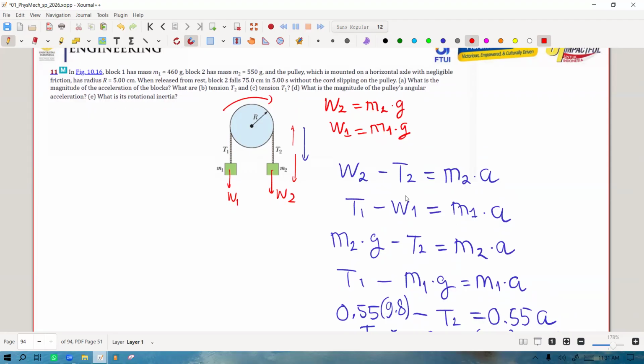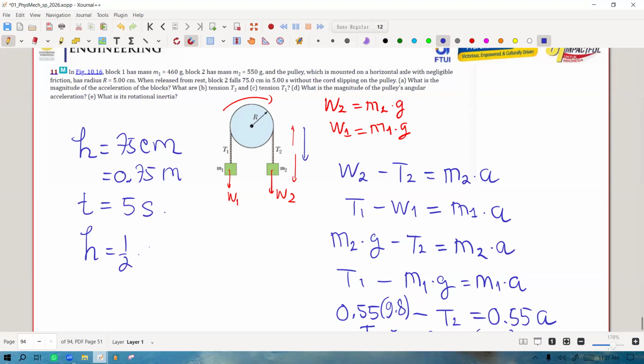Block 2 falls 75 centimeters in 5 seconds. So it means that H is 75 centimeters, equal to 0.75 meters. Delta T is 5 seconds, right? So we can calculate the acceleration. We use H equals half A T squared.